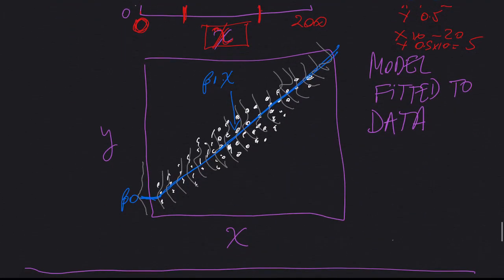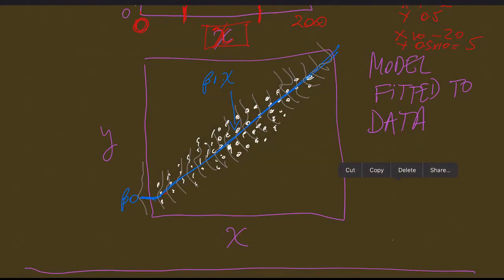So the model fitted to the data, so these values come from the data. This is the traditional way of estimating.